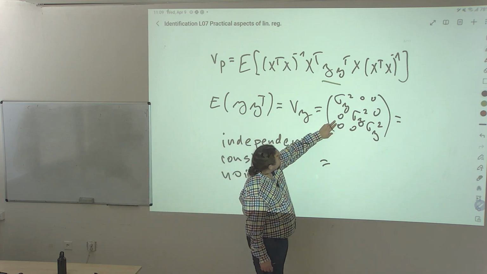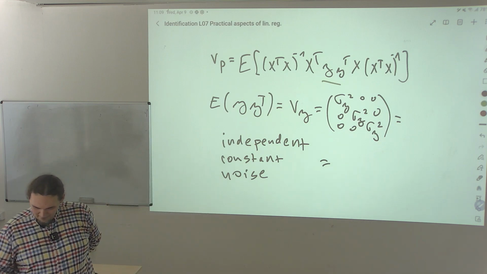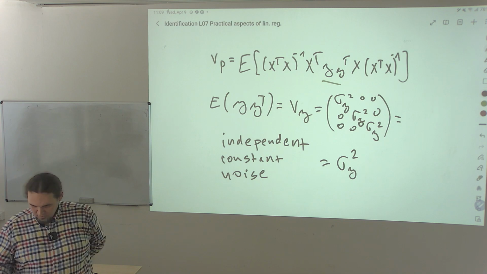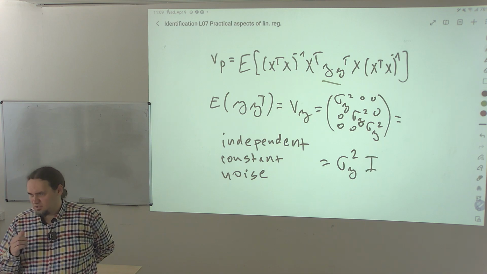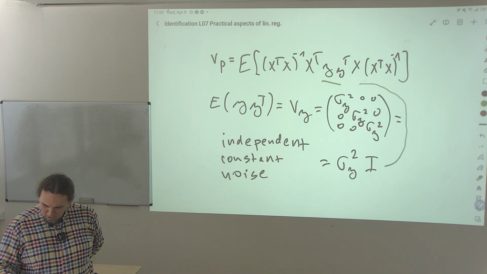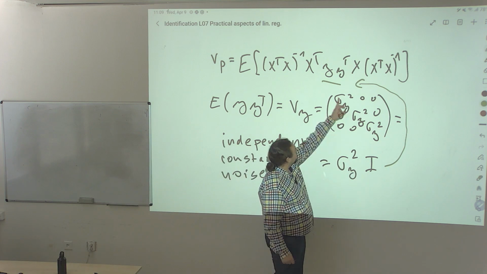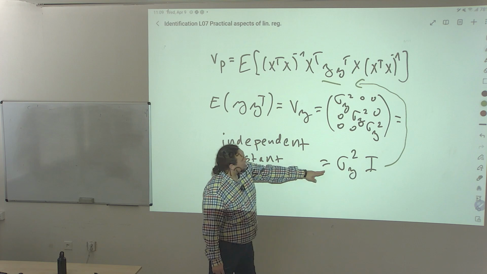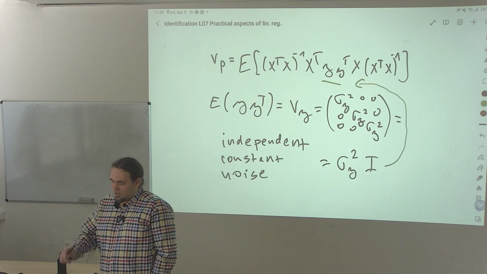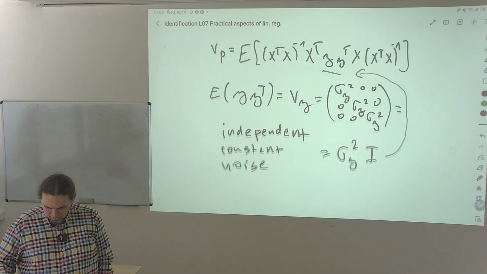But this means that we can actually simplify this expression and just use the variance of the measurement error and some identity matrix. So we can basically just plug this in, so our identity matrix would just do basically nothing, and we can pull the variance of the measurement error out of this expectation.